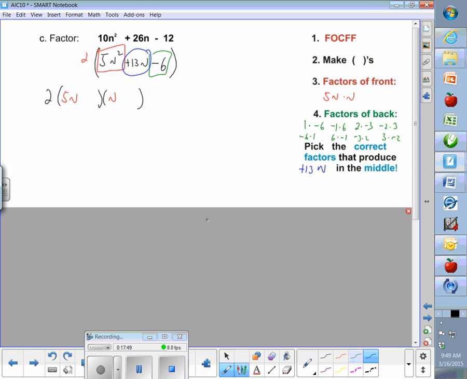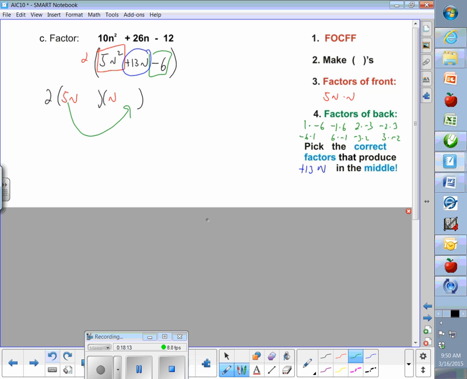Again, here's my first thought. Front times back. If I put a 6 here, what have I got already? 30. And I only have a 1 left. Am I going to get anywhere near 13 with a 30 to begin with? No. So I'm saying that back is not going to be a 6.